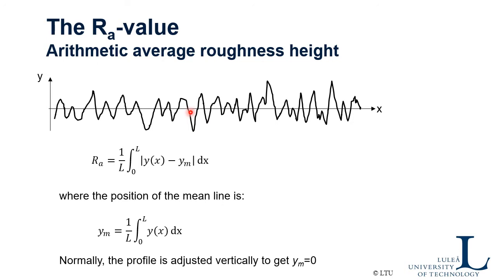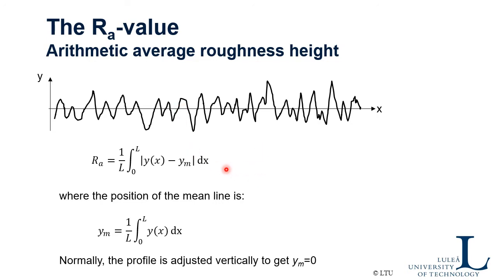So you have to use a suitably short L, but not too short, because you want to represent the profile. If it's too short, if you just have it from here to here, for example, you don't get a representative part of the profile. There are standards about doing that, but you must keep that in mind when you do the measurement. You must compare it to the tribo contact, the application you have in mind, of course.